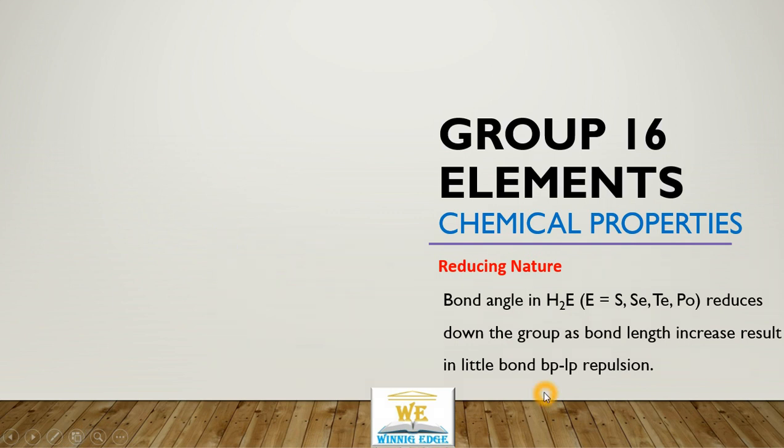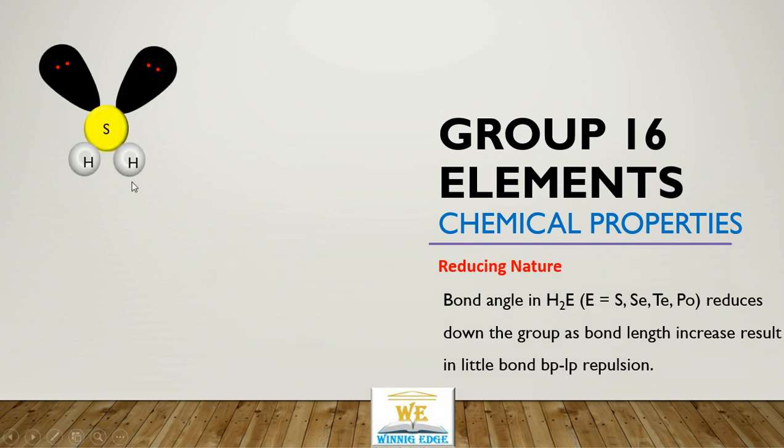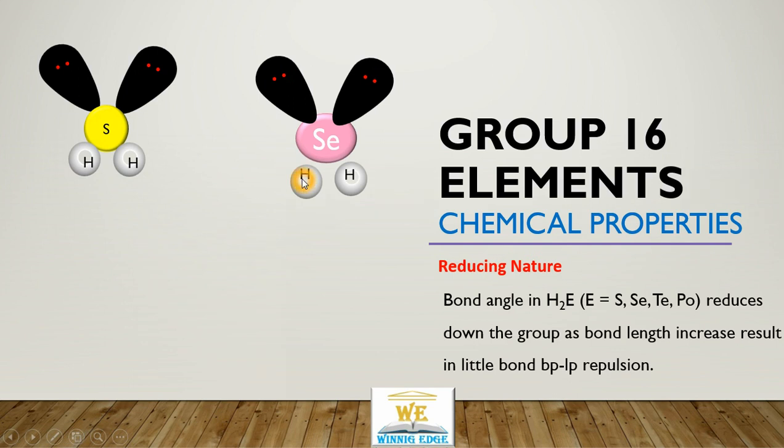Here we see H2S. Because the bond pairs are very close to the sulfur, their repulsive forces are greater, and they try to occupy further away positions. But in selenium, bonds are further and further apart, so the bond pairs can come a bit closer because repulsive electrons are not that close to the atom.